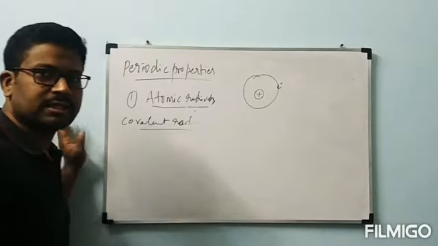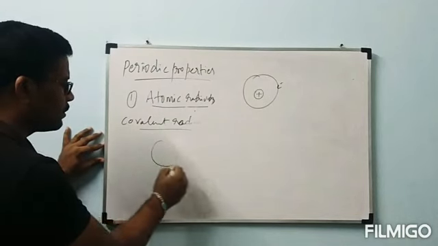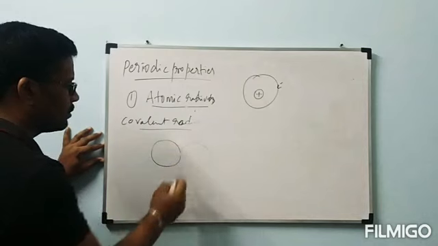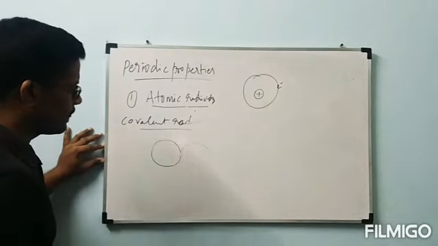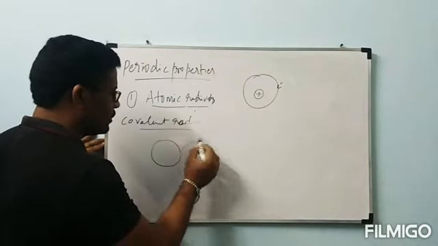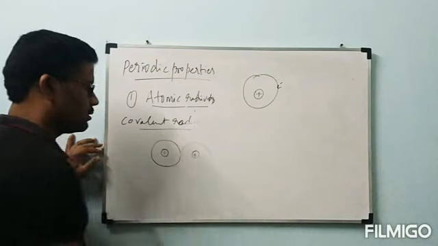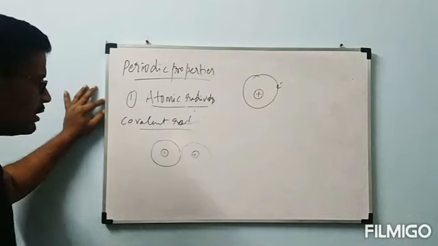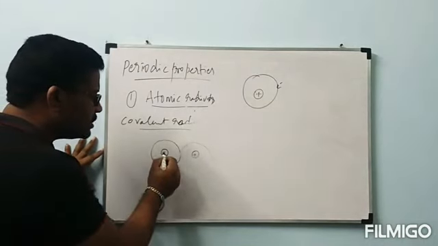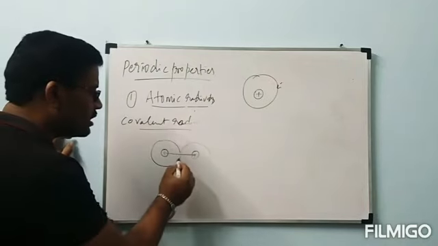Coming under covalent radius, let us consider a hydrogen molecule. I imagine one hydrogen molecule, and the distance between these two nuclei is called bond length.